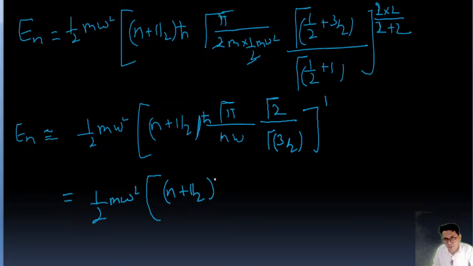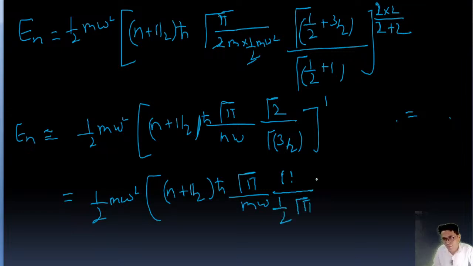N plus half h cut, and this value is root pi upon m omega, and gamma 2, we know gamma n is n minus 1 factorial, right? So for that, gamma 2 is going to be 1 factorial upon gamma 3 by 2, which is 1 by 2 into root pi.